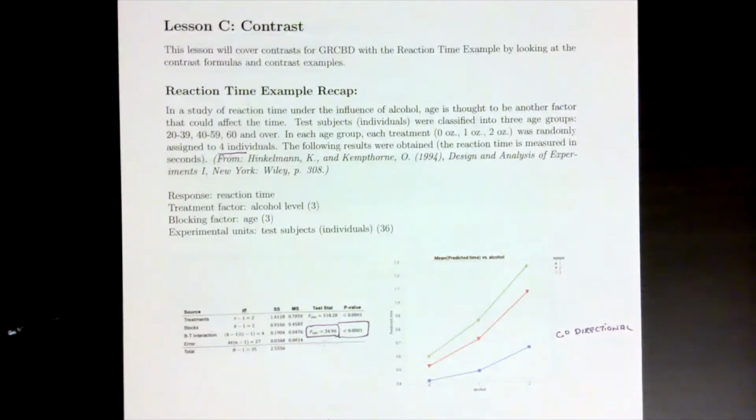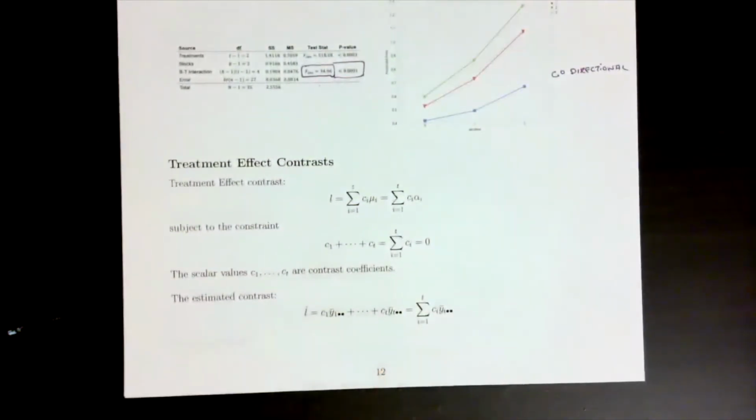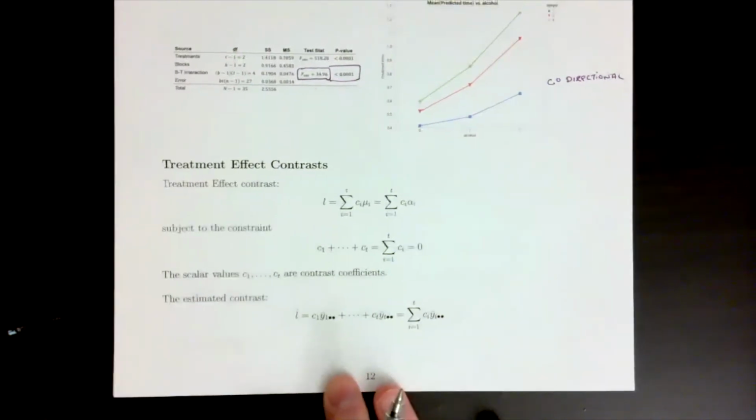Now, just like in the complete random design and the random complete block design, we had follow-up or post-analyses such as Tukey's and Fisher's, which was the multiple comparisons, and we had contrasts. In this video, I'm going to focus more on the contrast, but you can do Tukey's, and I'll show you how to do that in these software videos.